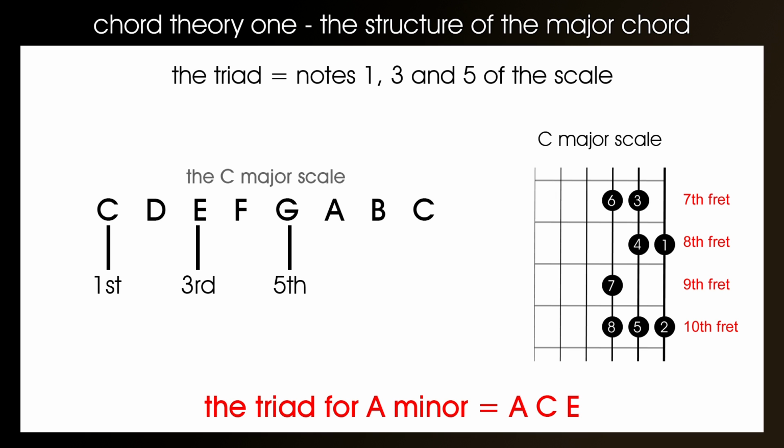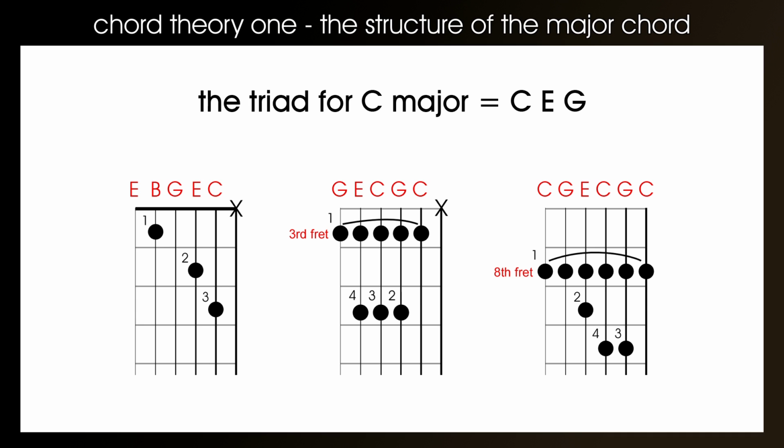So, to emphasize this, the triad of C major is C, E, and G. And every single C major chord is made up of those notes. And fundamentally, that's it.